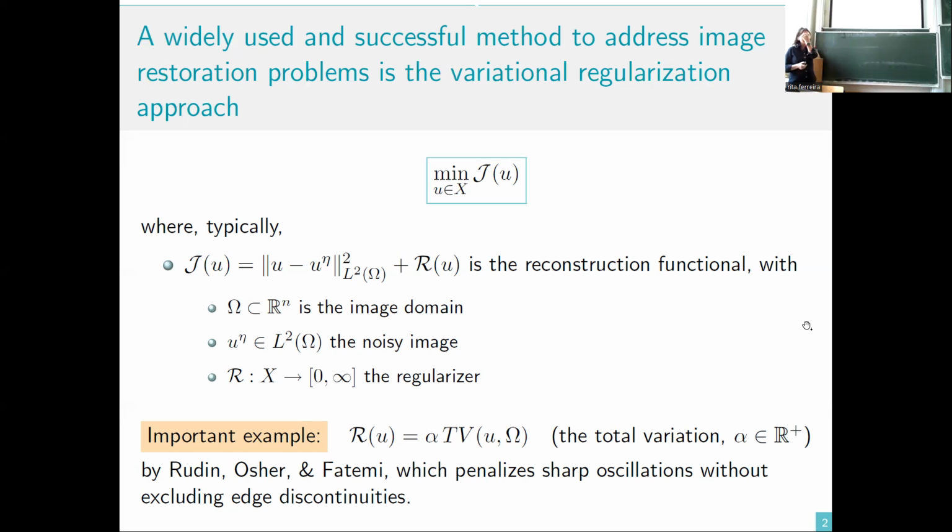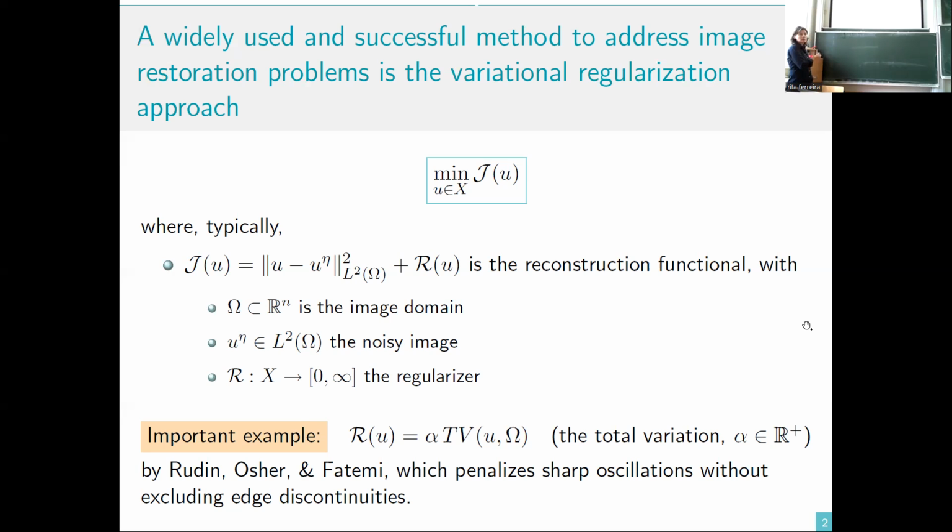Putting this in a metaphoric way, if you start with a cat, you don't want to end up with a dog. So there is some fidelity to it, and here it is measured in terms of the L2 norm. And then you have the filter or the regularization term, which regularizes your image, so for example removes noise. So there is a competition between these two terms.